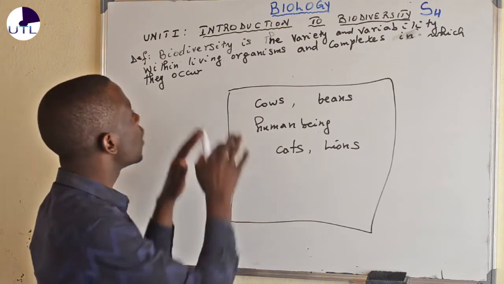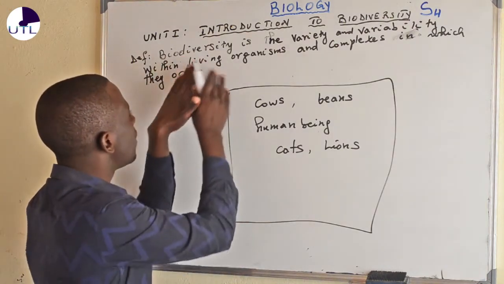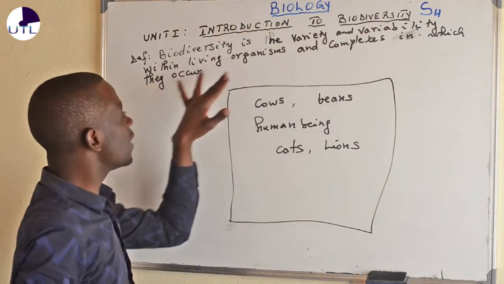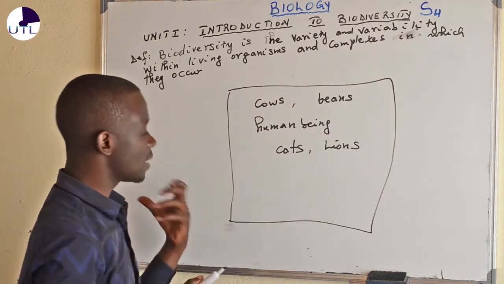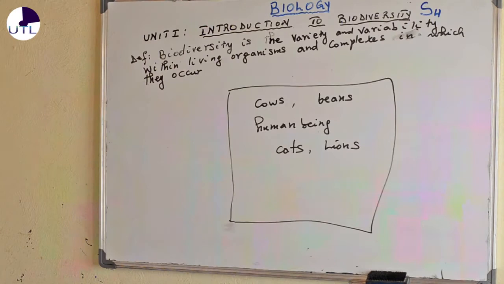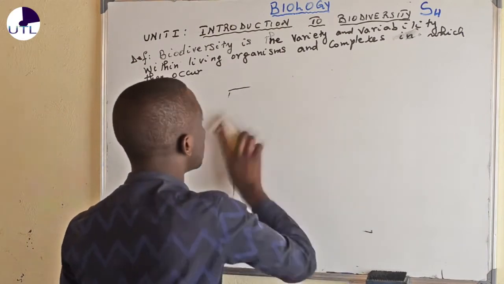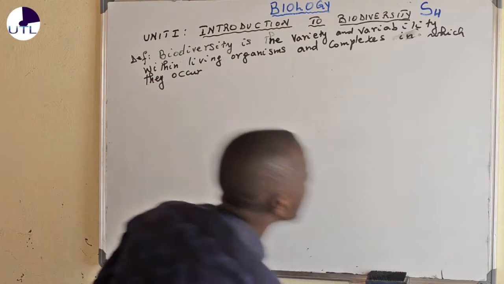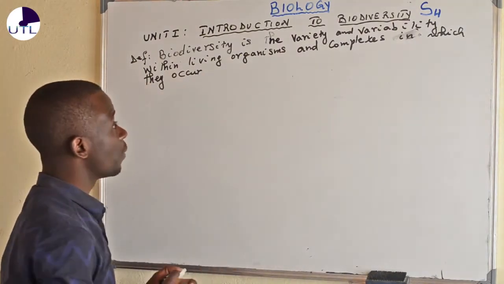So this comes to the definition that says biodiversity is the variety and variability within living organisms and the complexes in which they occur. Reminding you that these complexes are, of course, ecological.